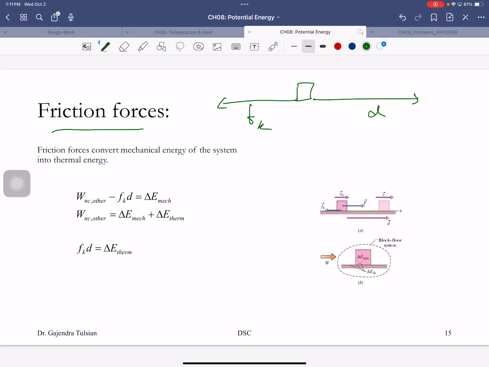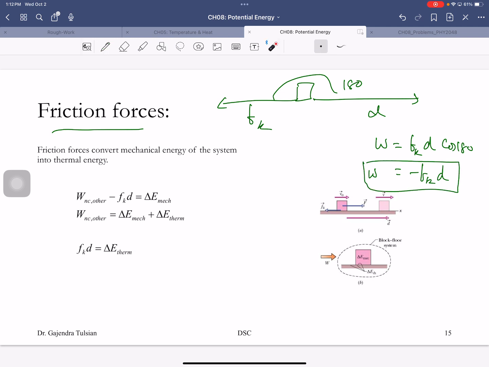The work done by friction force is easy to calculate. The work done by friction force is magnitude of friction force times cosine 180. So the work done by friction force is also easy to calculate.